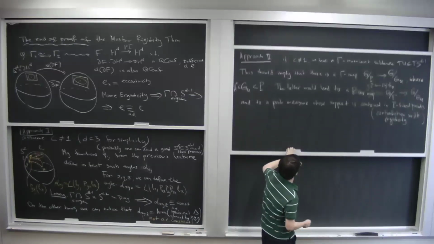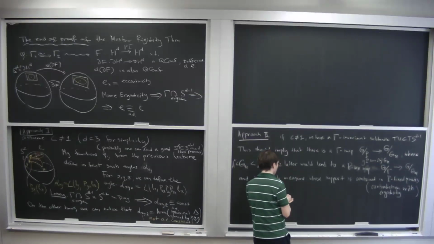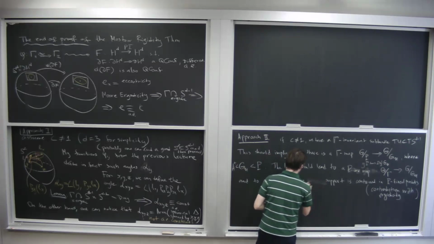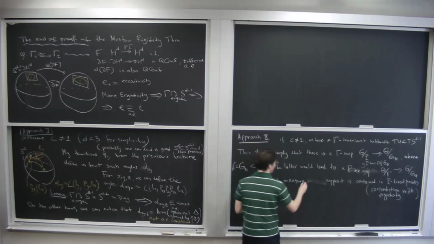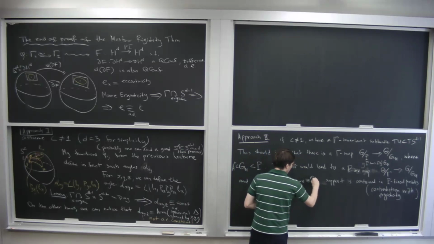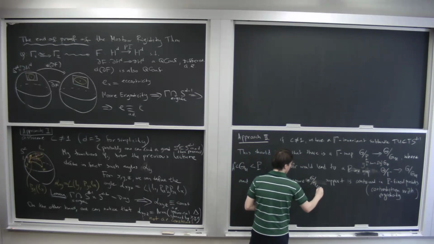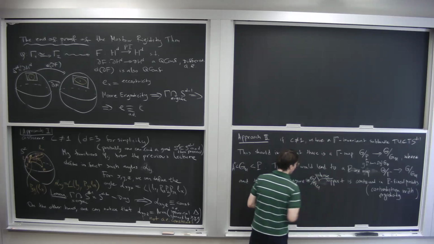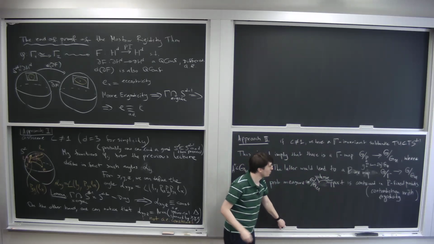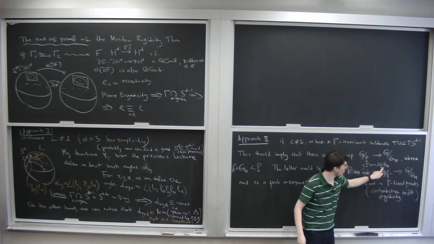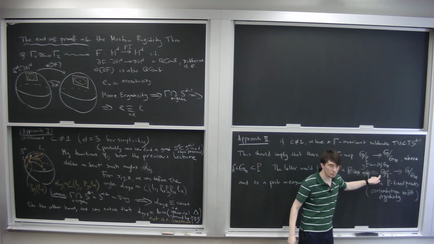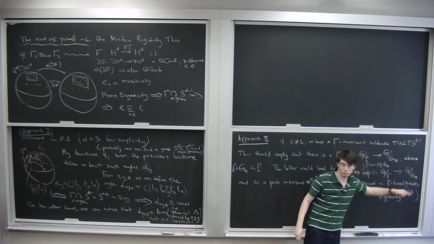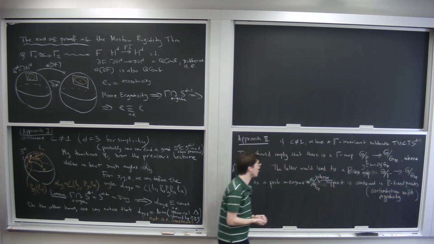A probability measure on G mod G. So we have a probability measure here, since it's just a Haar measure, right? And then we push it forward, and this contradicts ergodicity again.